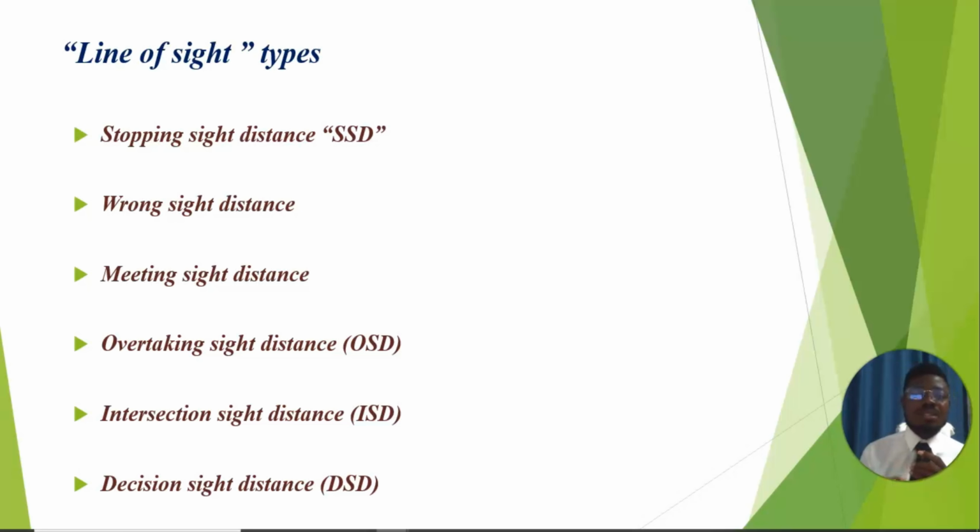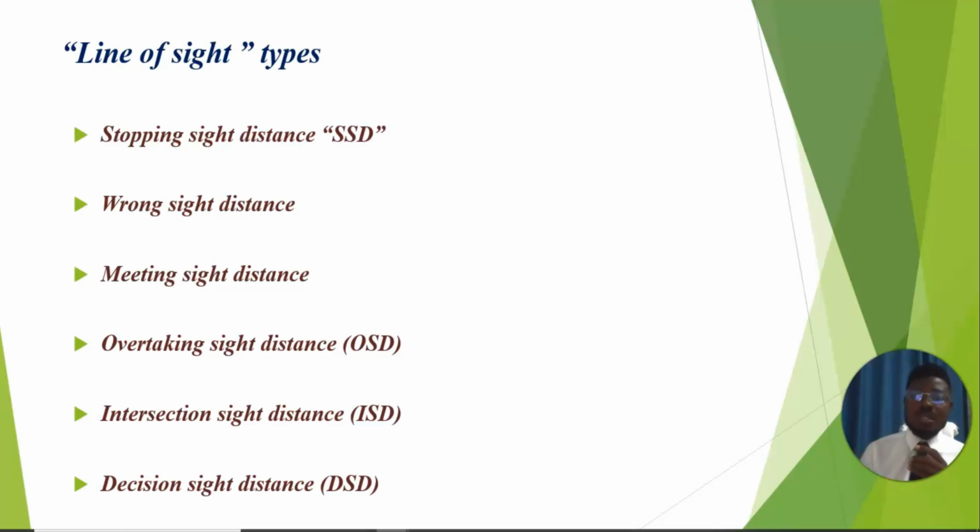It's the distance needed for a motorist to detect, when you can detect there is an accident on the road, maybe you want to swerve to another lane, or you just want to stop the vehicle, or you want to stop the motorcycle. So the distance needed to make that decision is what we call the decision side distance.